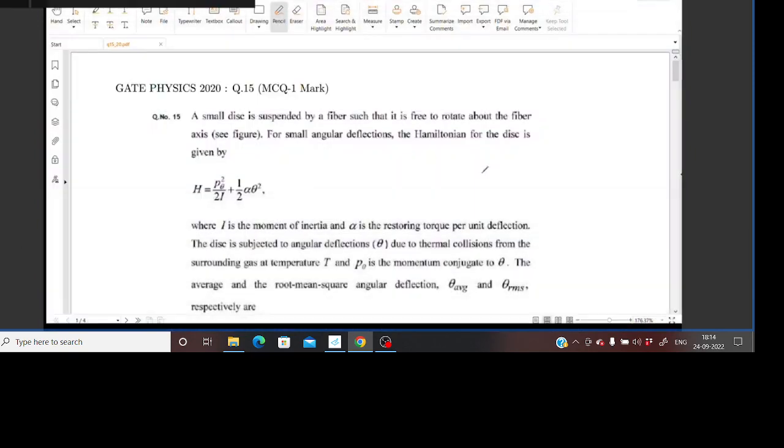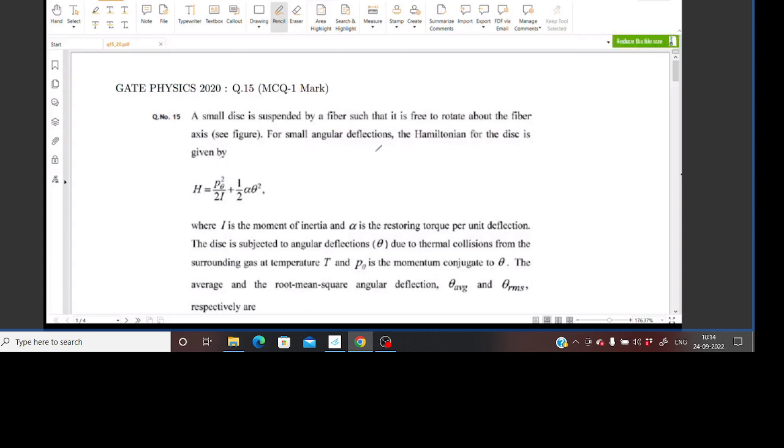Hello everyone. In this video, I shall discuss the solution of question number 15 of GATE Physics 2020. A small disk is suspended by a fiber such that it is free to rotate about the fiber axis.